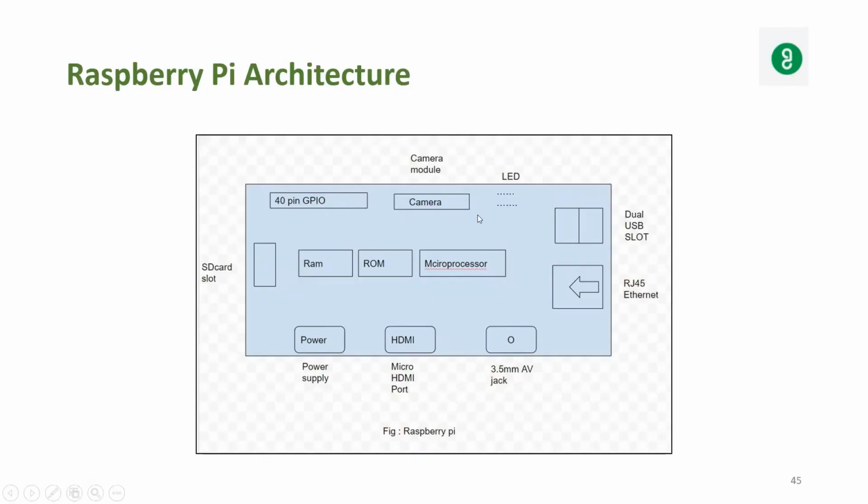This is the simple architecture for Raspberry Pi. You can connect a camera module, a jack, an HDMI port, and Ethernet. You have 2 slots of USB. Whatever you want to connect, you can connect it through the USB port. All this is possible using the Raspberry Pi architecture.